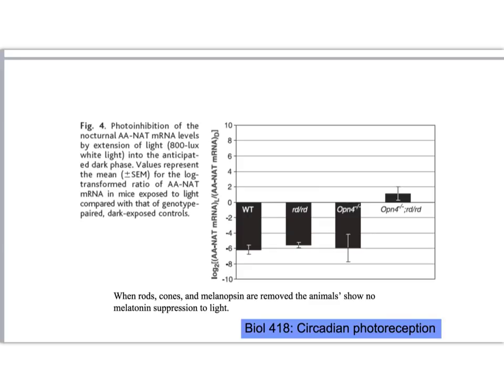Okay, so this is just another demonstration of melatonin inhibition, but instead of measuring melatonin inhibition, they're measuring AANAT mRNA. This AANAT is the RNA that makes an enzyme, AANAT, which is the rate-limiting enzyme to make melatonin.